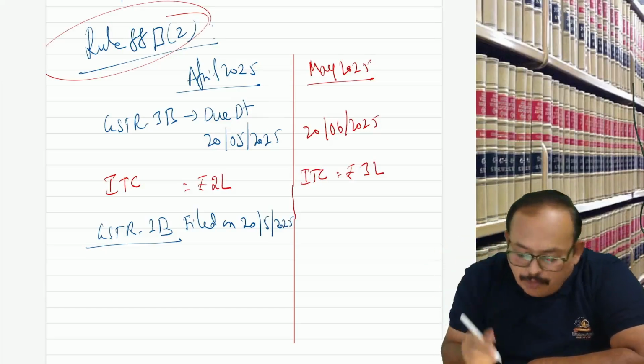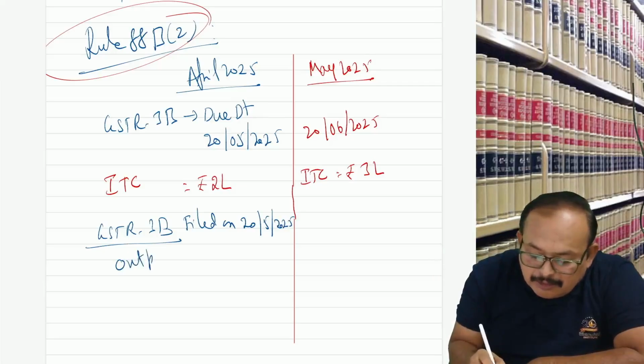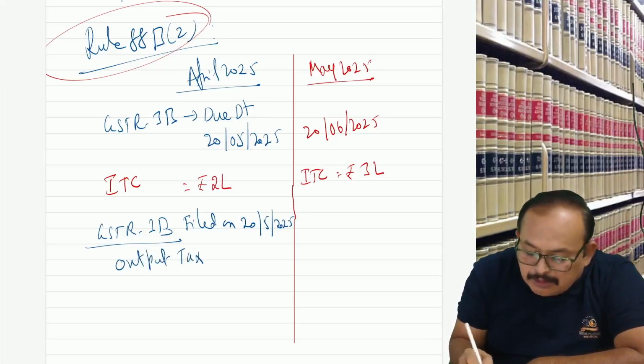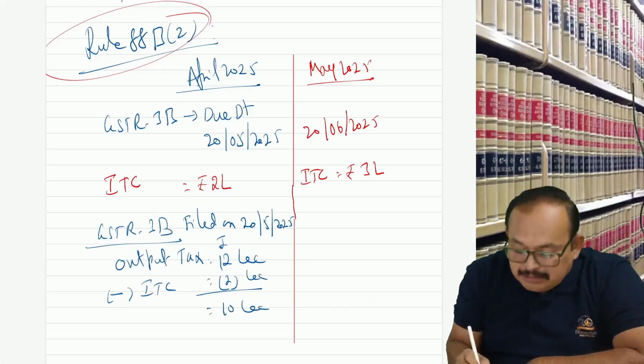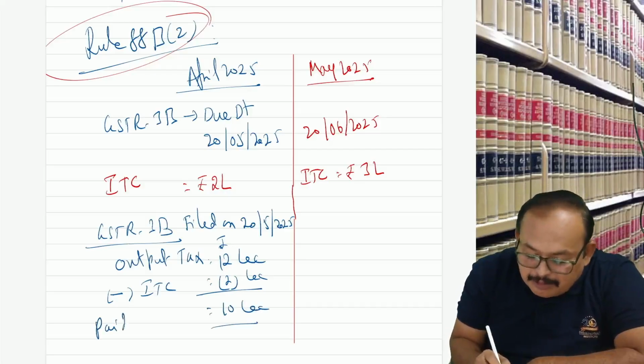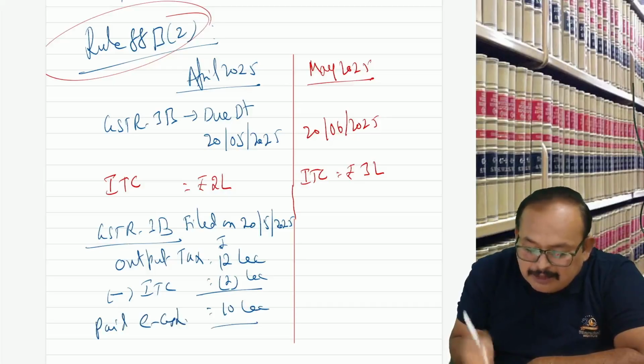How filed? Output tax, let us say 12 lakh, ITC 2 lakh, 10 lakh. 10 lakhs by electronic cash. Is it clear?